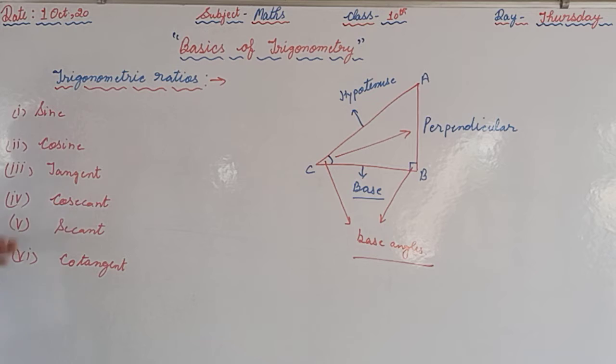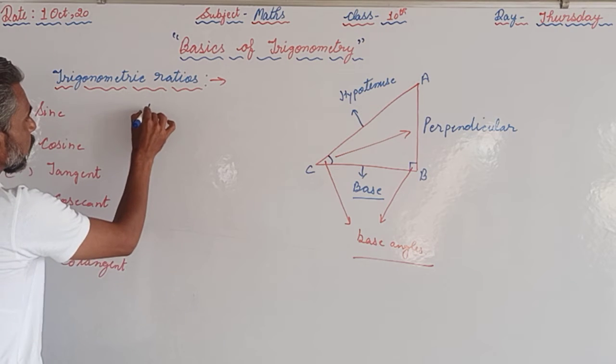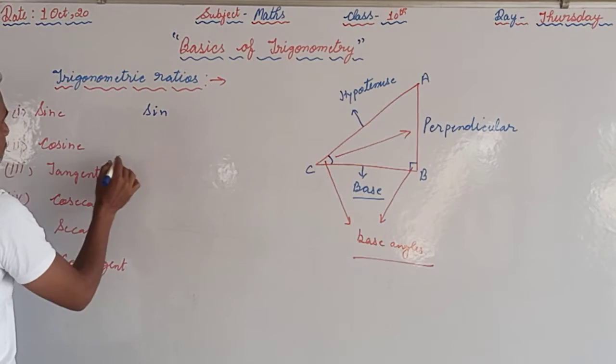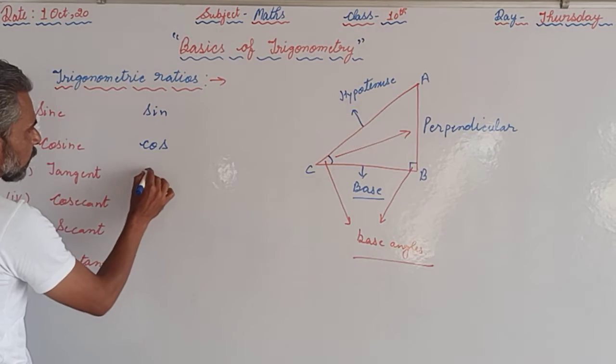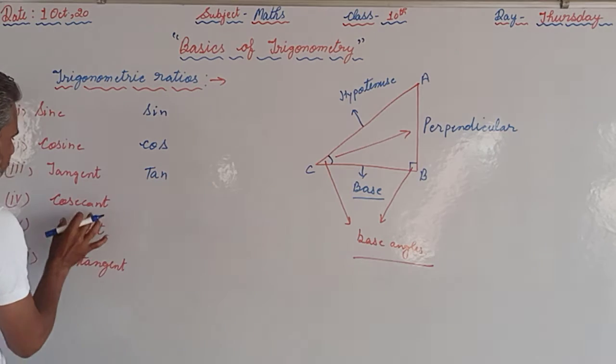These are the 6 trigonometric ratios: sine, cosine, tangent, cosecant, secant, cotangent. Now we are not going to use these full names. I am explaining the names as well as their short forms. Sine we are supposed to write like sin. Cosine we write like cos. Tangent we write like tan.